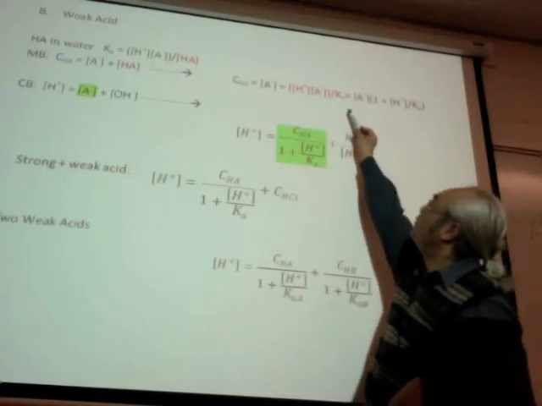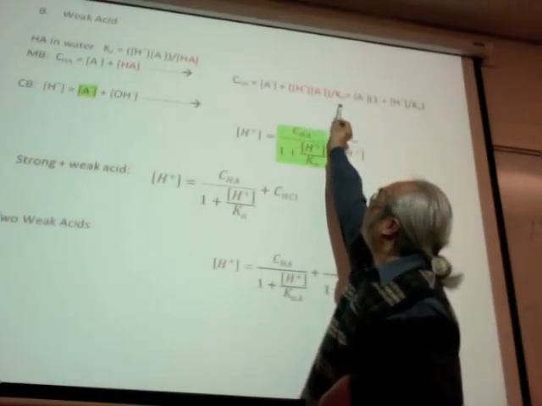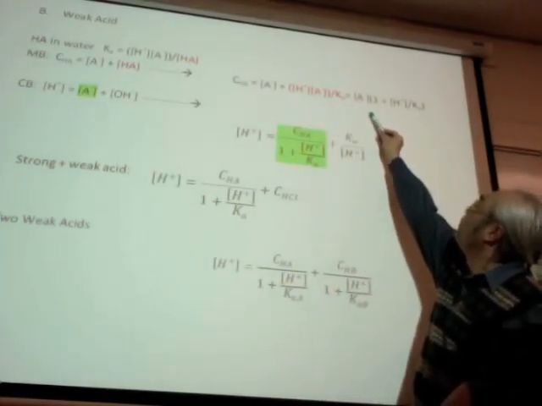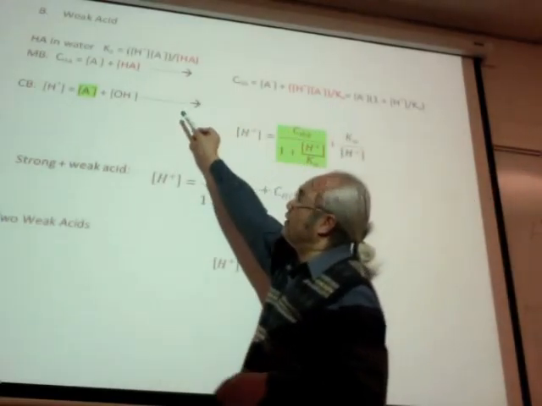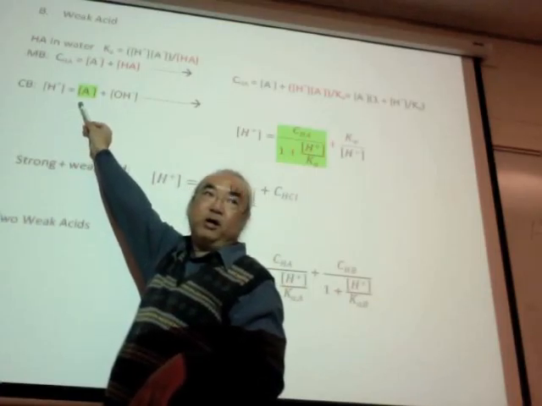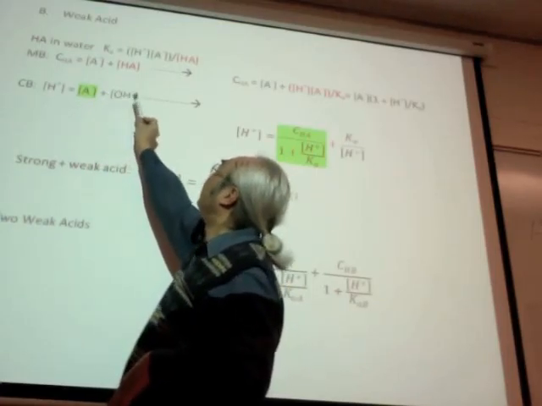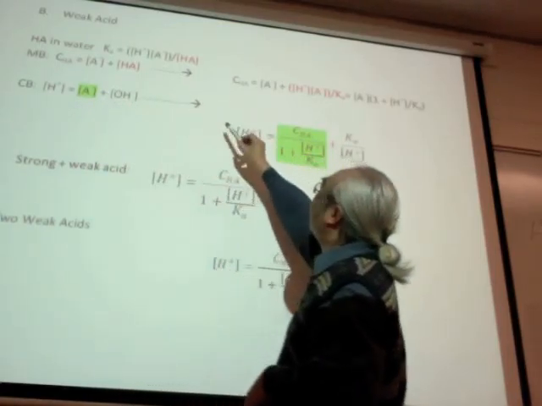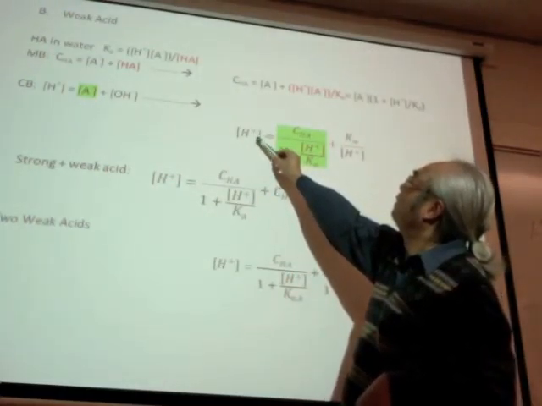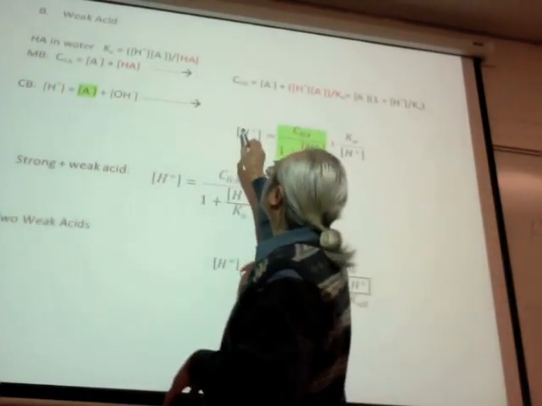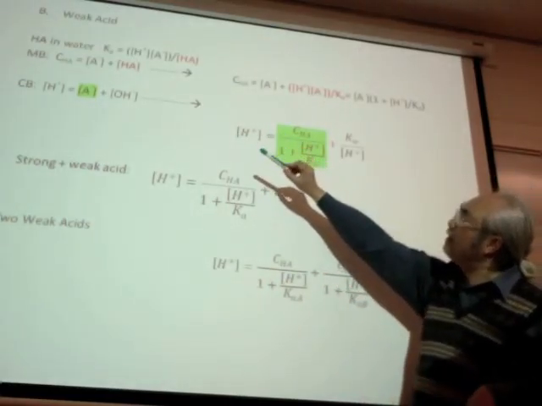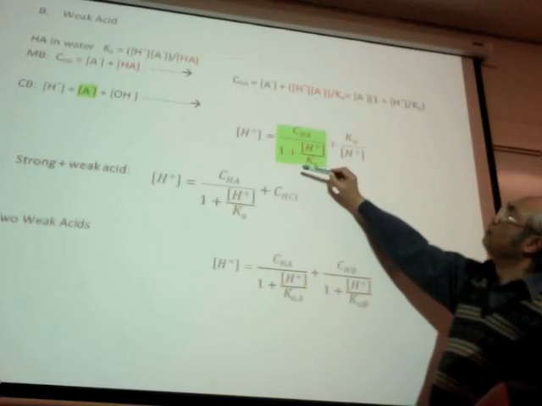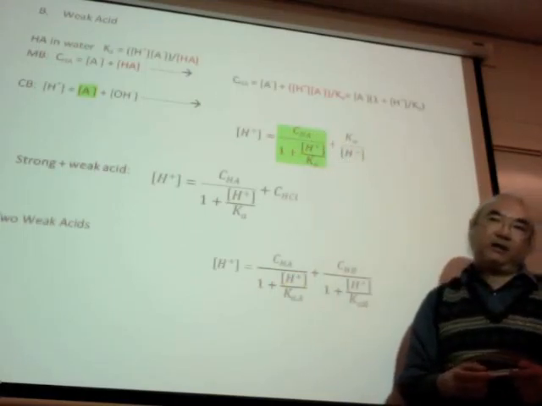You replace the HA with that, then you end up with that. Then the next thing is you employ the knowledge of charge balance. So extend it, then here is that proton on the left, equal to the green A minus. So instead of writing the A minus, you write the equivalence of A minus.